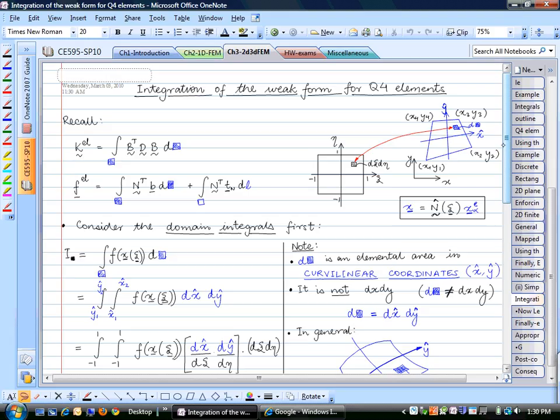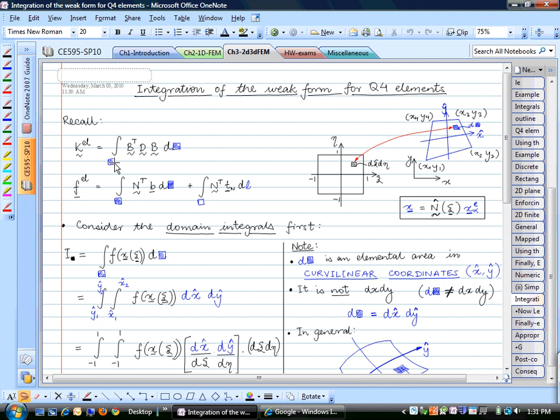Let me go over what we were doing last time briefly, and then we'll start today's lecture. Last time we were taking a look at how to do these kinds of integrations, and we said that for Q4 elements and for higher order elements, in general, we'll use numerical integration to do these types of element integrals.